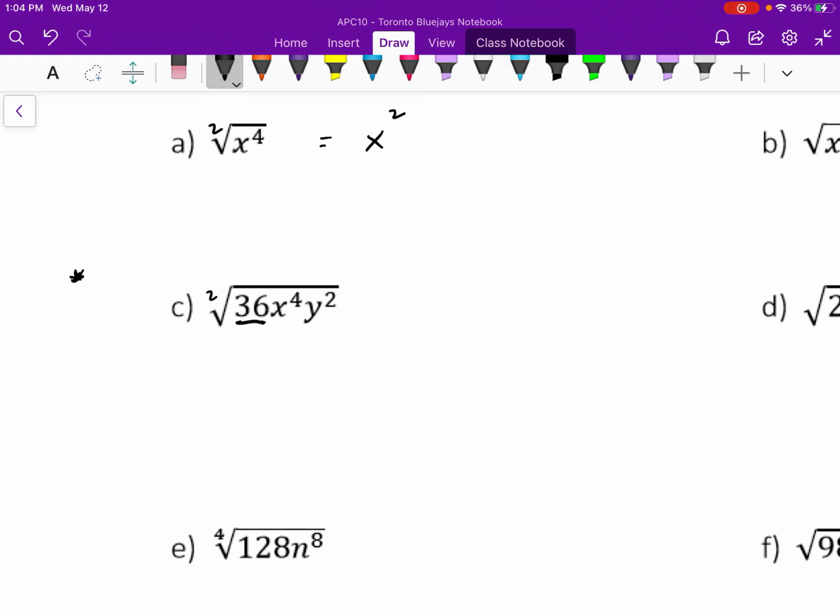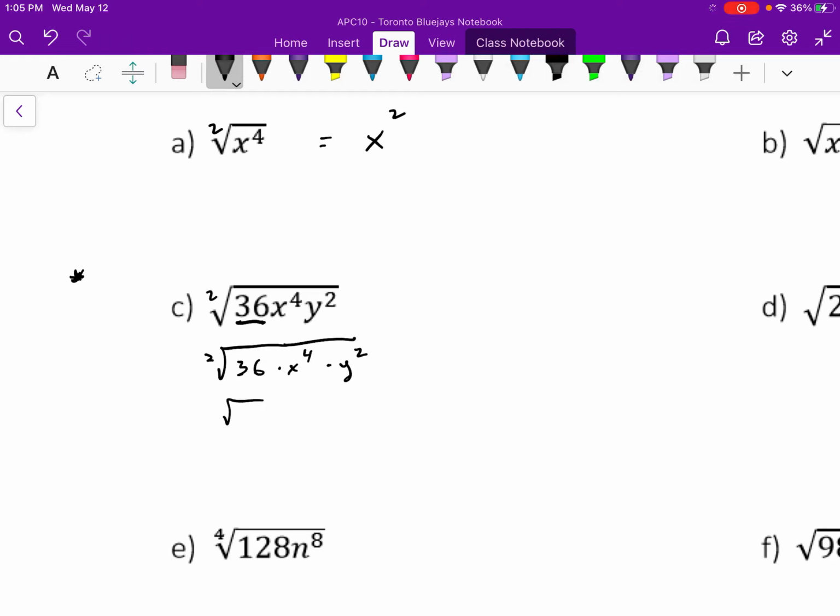Look at my coefficient in my radicand. It is 36. I ask myself, can I take the square root of 36? Absolutely, I can. So I would write this as the square root of 36 times the square root of x to the power 4. And then I ask myself, can I take the square root of x to the power 4? Yeah, absolutely, I can, times y squared. And I can take the square root of y squared.